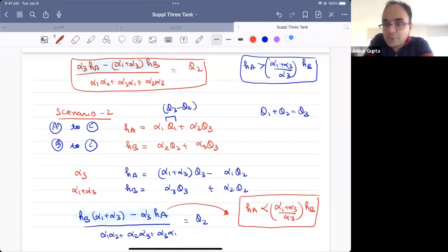They're mutually exclusive. Also note that the flow rate can be exactly 0 in the second pipe. If you set the resistance such that the flow will just not happen, you'll just go from A to C, and you may not get any flow rate. When the exact balance comes, which is the equality sign, neither scenario applies, and the flow rate will be exactly 0 in Q2.